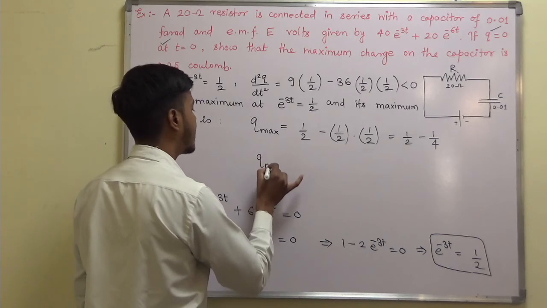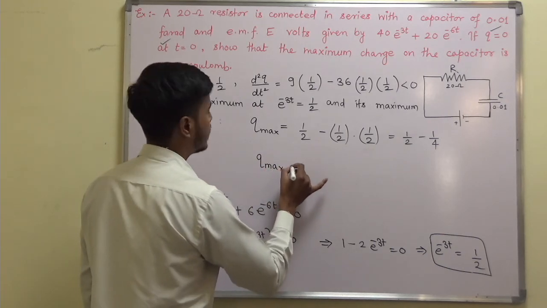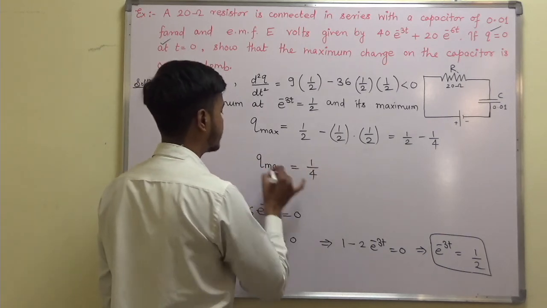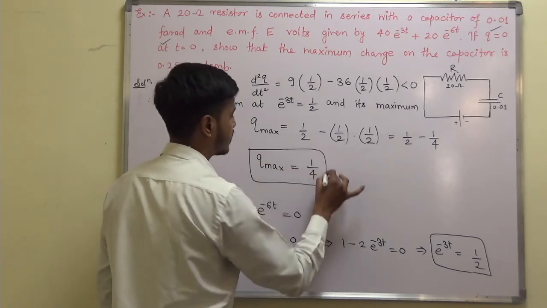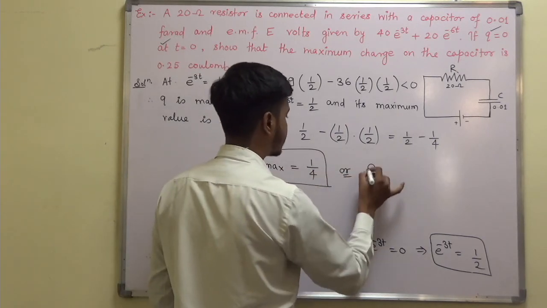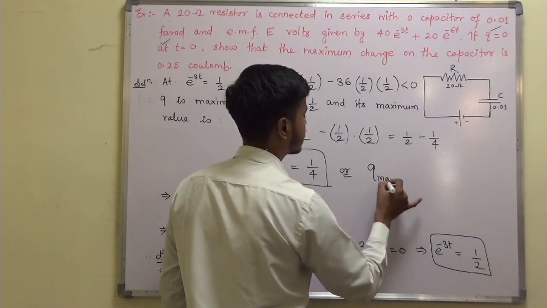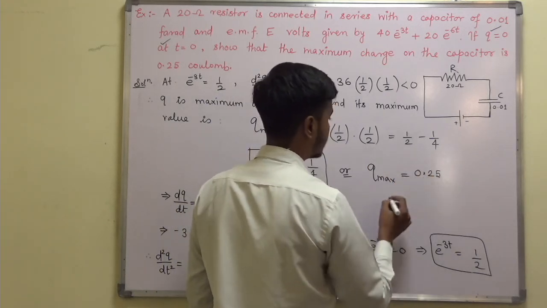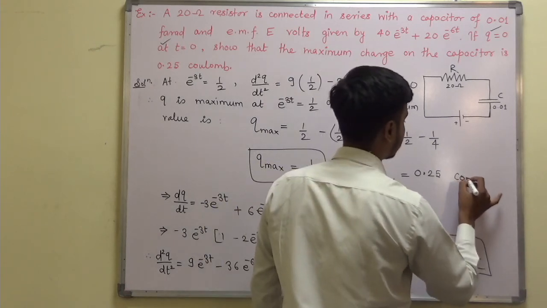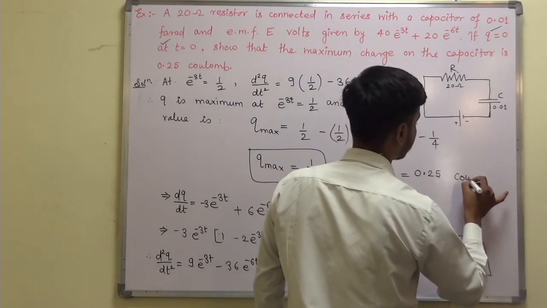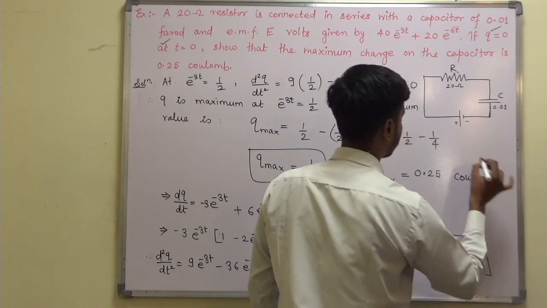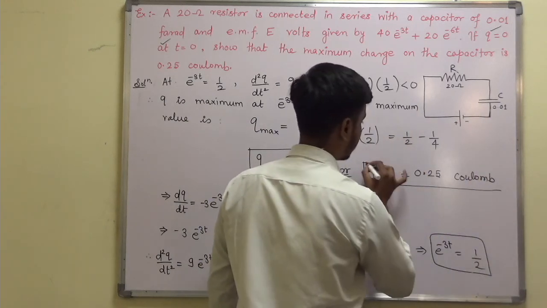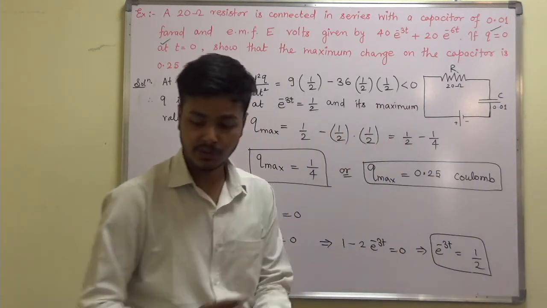So this q max is equal to 1 by 4, or you can write this as q max equal to 0.25 with units, and this is what we wanted to prove.